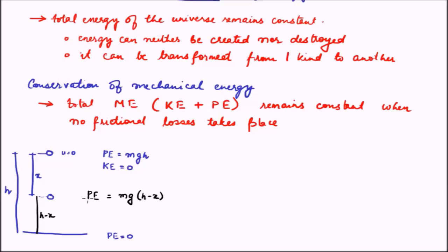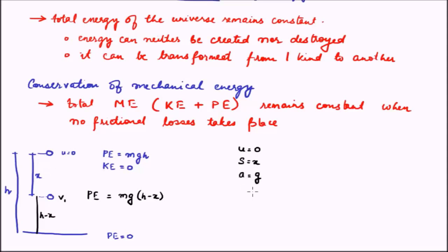Next I need to find the kinetic energy at this position. In order to find the kinetic energy at this position, I need the velocity at this position. Let me assume that the velocity at this position is v1. Now I will use the equation of motion to calculate the velocity. How can we do that? At the initial position, the velocity u was 0, and from here to here the distance traveled s is equal to x, and the acceleration acting downward has magnitude g.